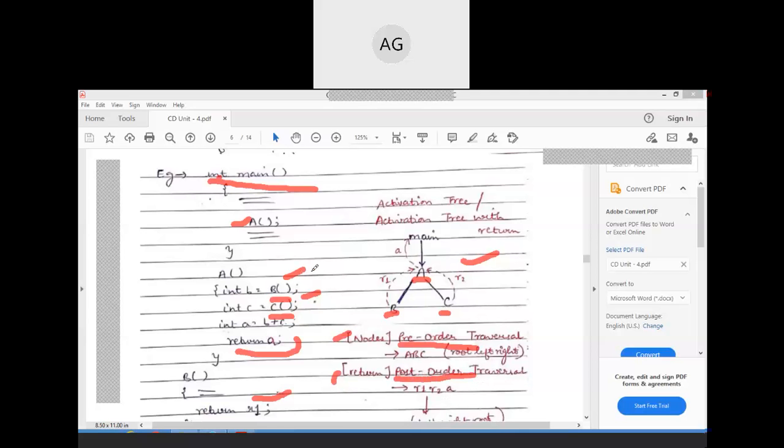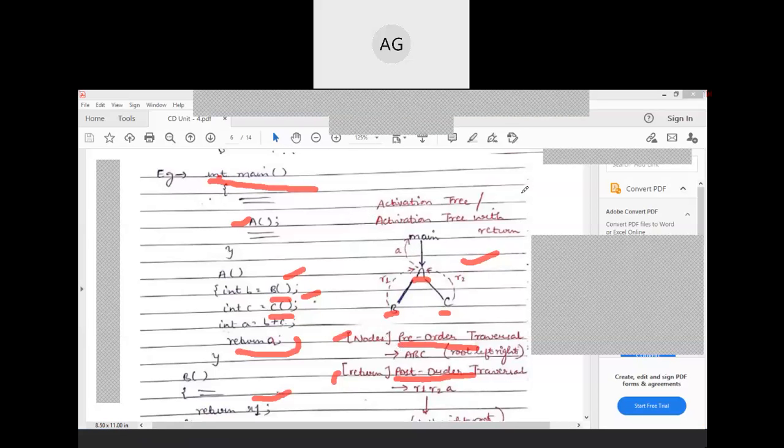So just remember it, and now all of you understand how we represent a program written in C or in any language as an activation tree. Just by following the four properties we discussed earlier, we can simply construct the activation tree. So all of you understand it.